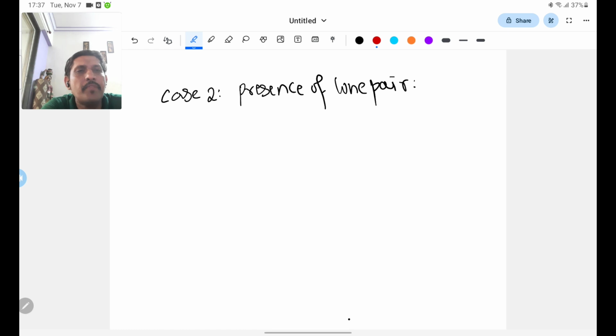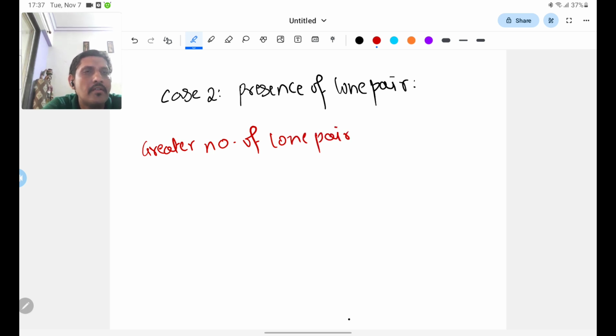If there is a presence of lone pair, the rule says: greater the number of lone pair electrons, smaller is the bond angle.